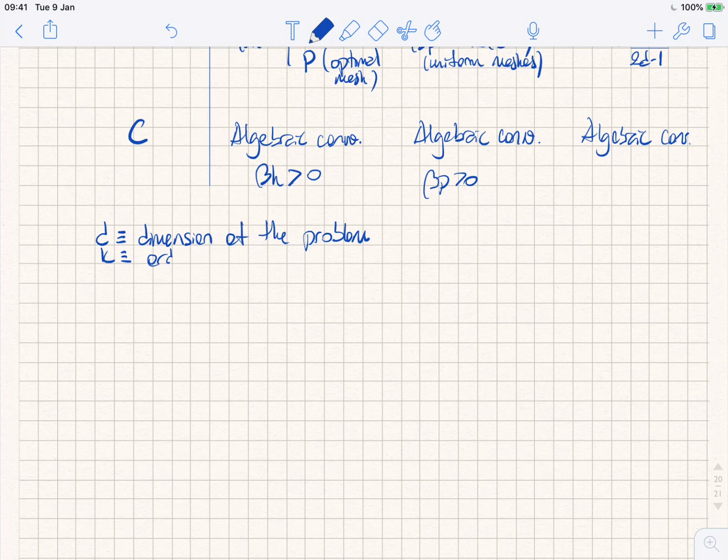And k is the order of the Hilbert space u lives on, which is referred to as the regularity of the solution.